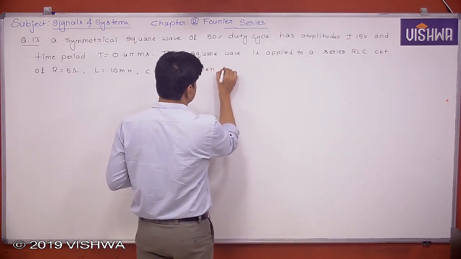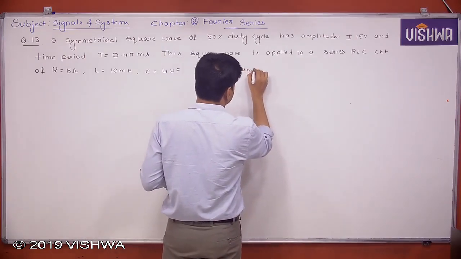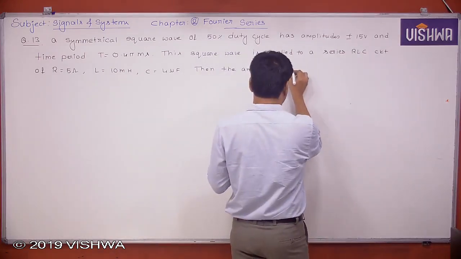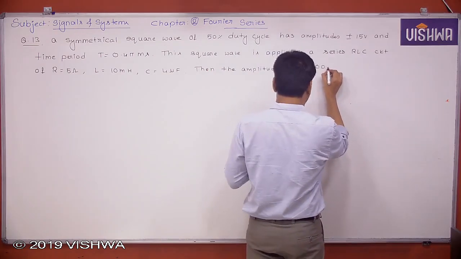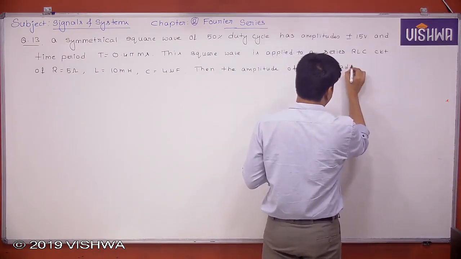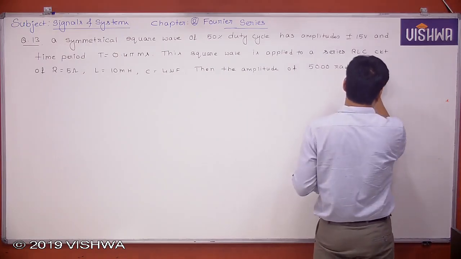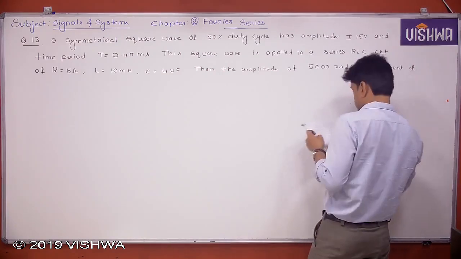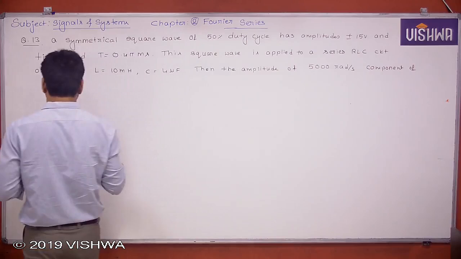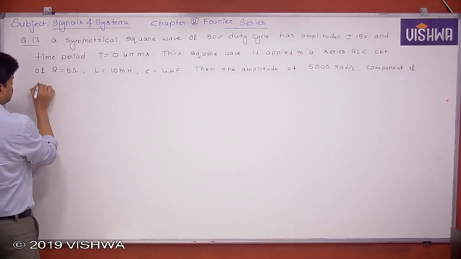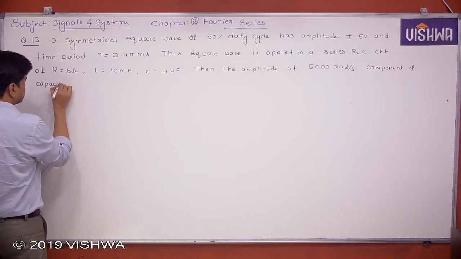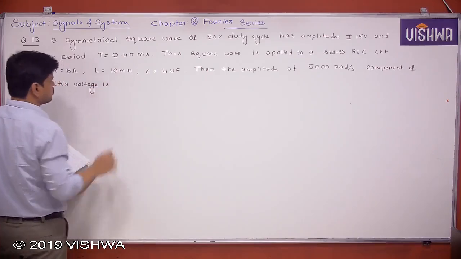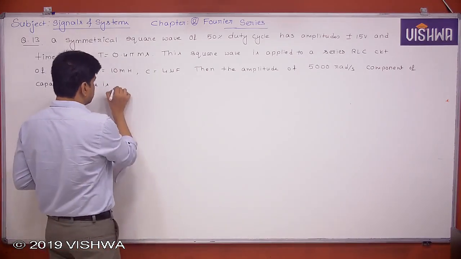Then the amplitude of the 5000 radians per second component of capacitor voltage is dash.